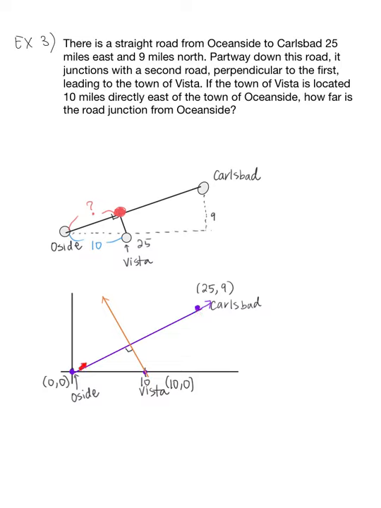So if I can find the slope of the purple line, then if I take the negative reciprocal of its slope, I should be able to write an equation of a line for the orange one. And from there, we should be able to compute the total distance that we're looking for from Oceanside to the new junction.